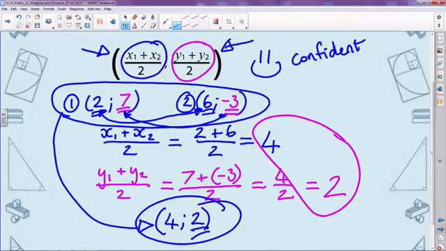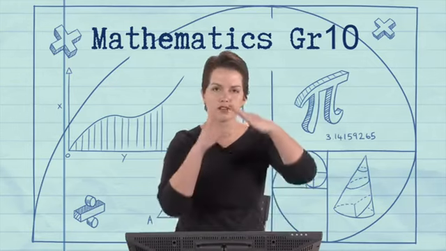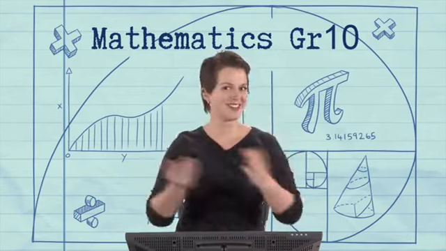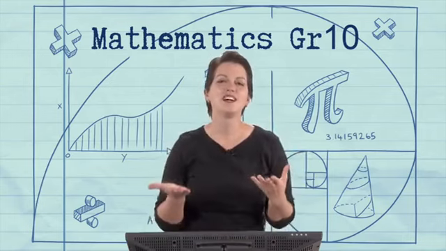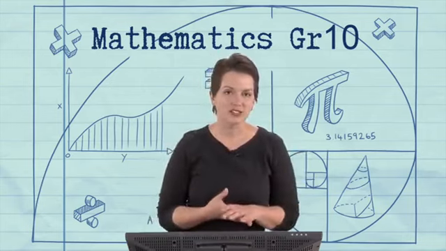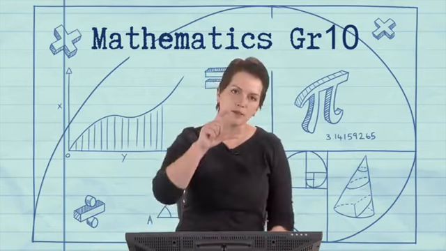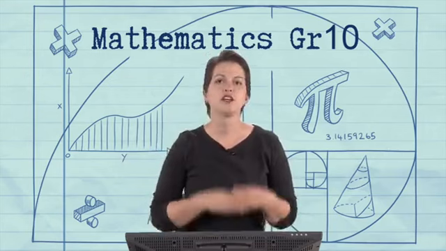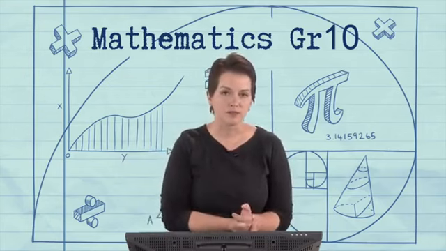Now the next thing we're going to look at is the distance formula. The distance formula is based on Pythagoras. And you'll remember Pythagoras is all about right-angled triangles, and we use it in quite a lot. Ooh, I almost made a right-angled triangle there. And with a right-angled triangle, the sum of the 2 squared sides equals the hypotenuse squared.